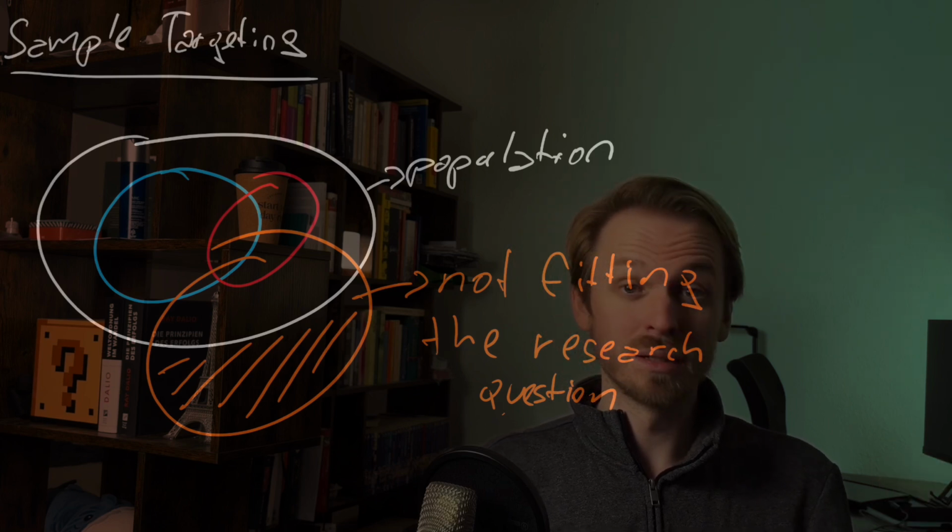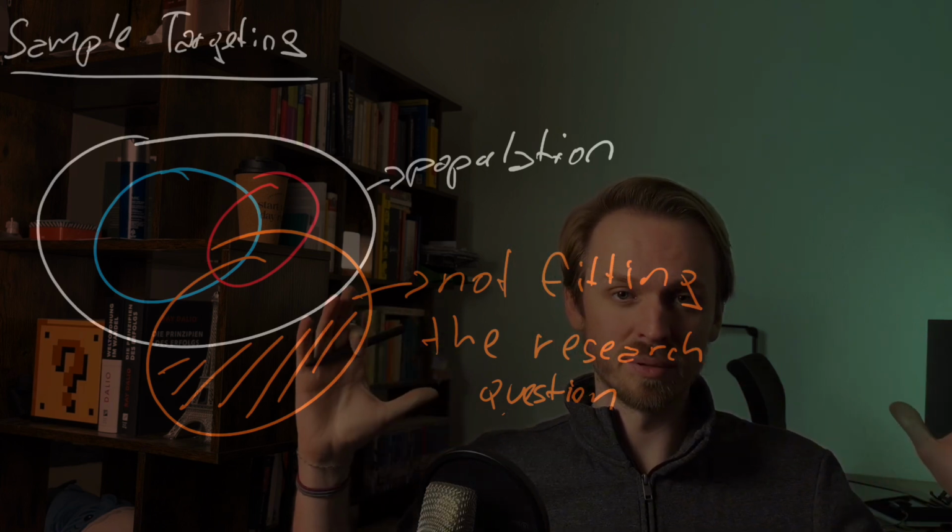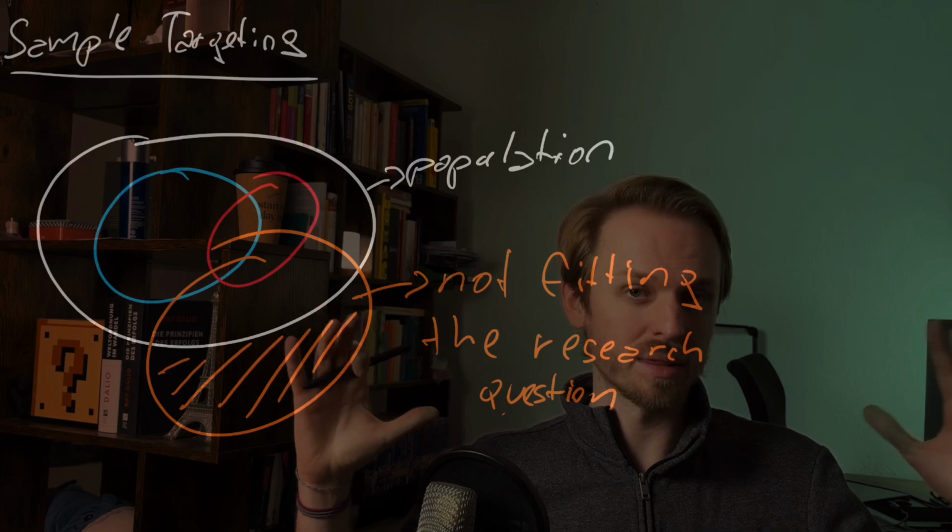The first choice is, do I define my population as big as possible so that I always have a good chance to find the sample I need? Or do I kick out people who do not fit the description I need? So for example, if you need people with leadership experience, people without leadership experience should not be considered in the data analysis later on.